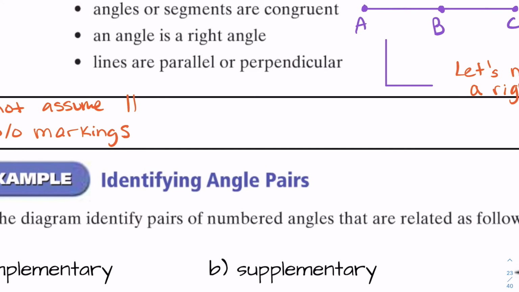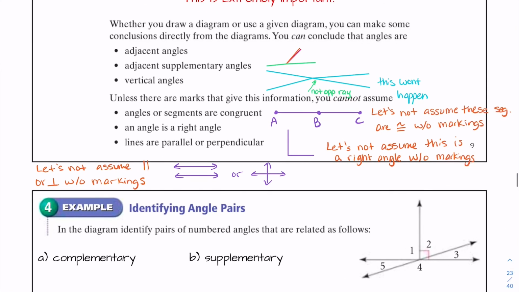If we have something drawn in, they might look it, but we can't make that assumption without any right angles or any lines to say that they're parallel. Okay?